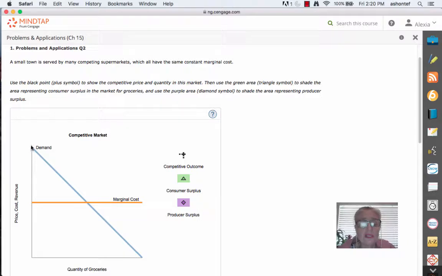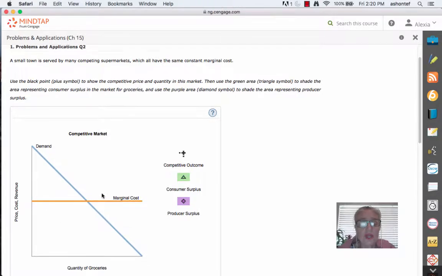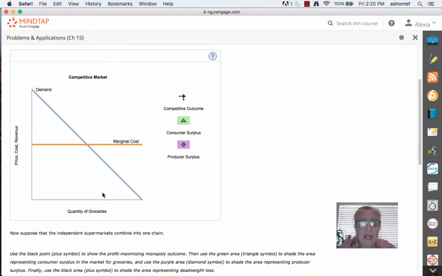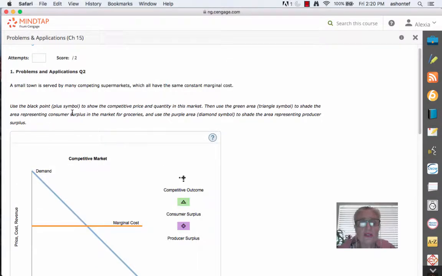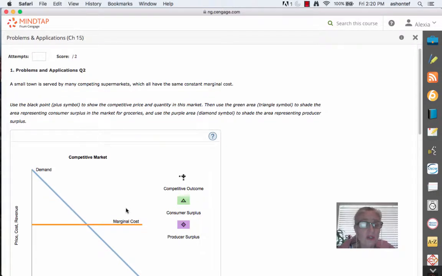In this picture, this is the demand curve, and this is the marginal cost curve in the competitive industry. And you are now asked to represent the consumer surplus and the producer surplus in this picture. I'm just going to caution you here.